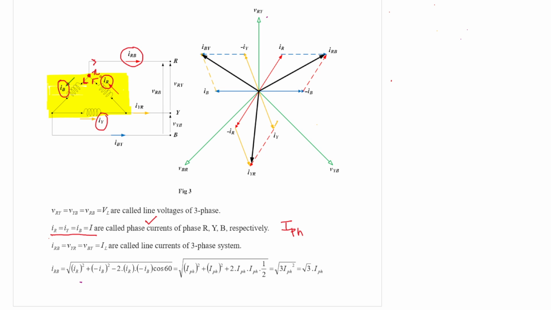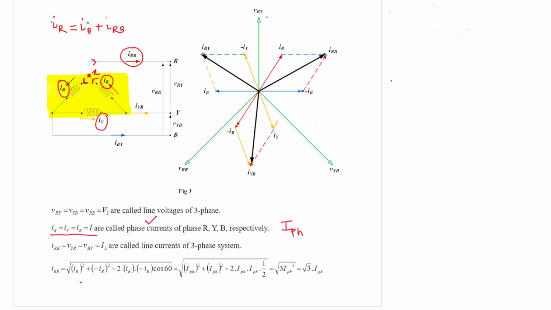So with respect to node X, one current is entering, which is IR, and two currents are leaving: one is IB and another is IRB. So incoming current equals outgoing current. That is the formula.